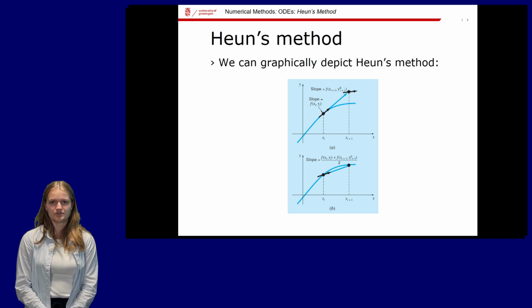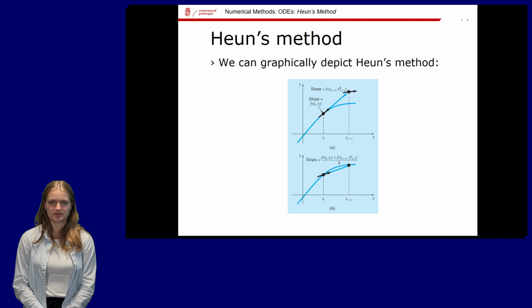We use that to estimate the slope at this point x_i. Using that slope estimate, we can make an estimation of the value of y at the point x_{i+1}, and then we estimate the slope at that point again, we average them out, and then we obtain an average slope over the interval.